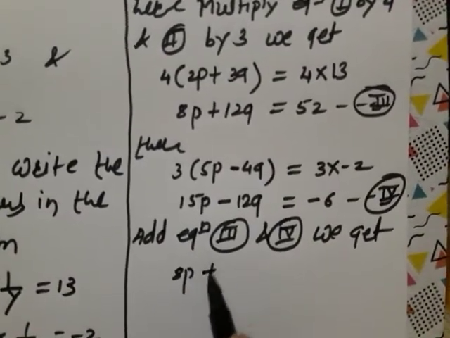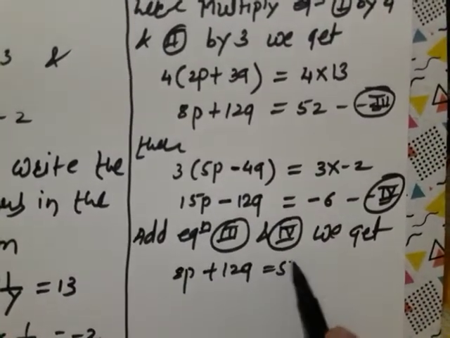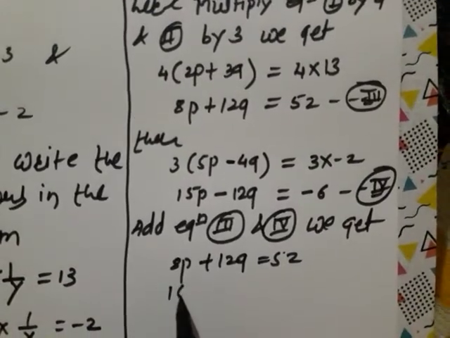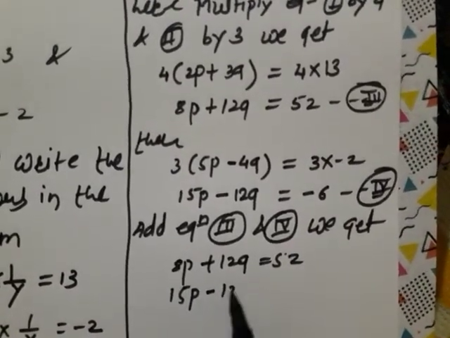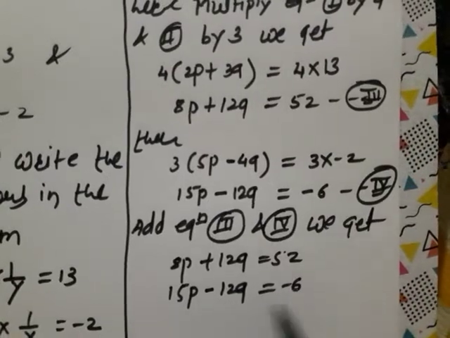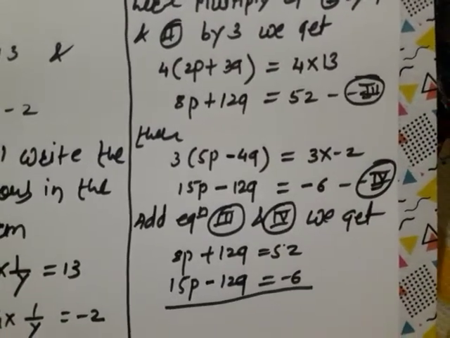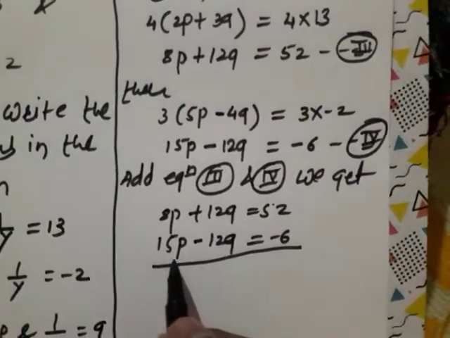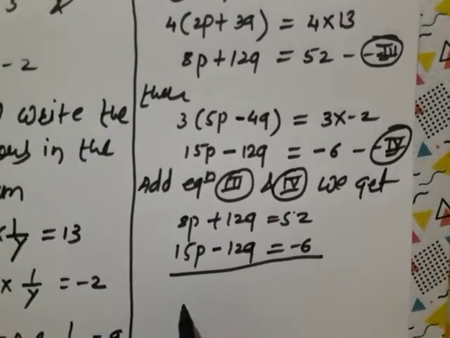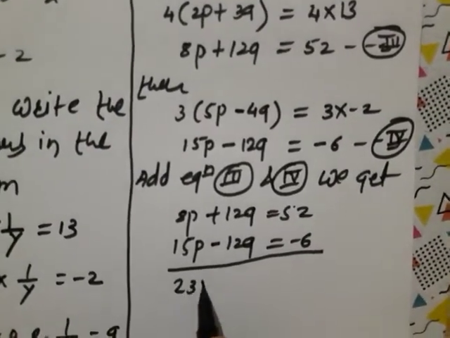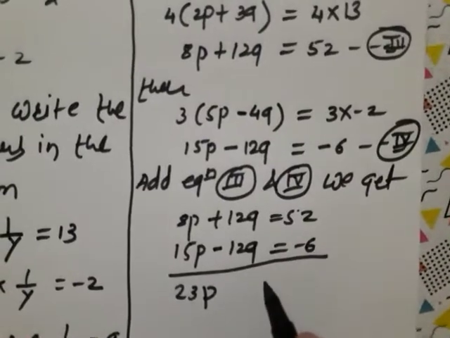8p plus 12q is equal to 52. 15p minus 12q is equal to minus 6. Got idea? Okay. Add this, what you will get? See, 15 plus 8, 23p. Here plus and minus will get cancelled.